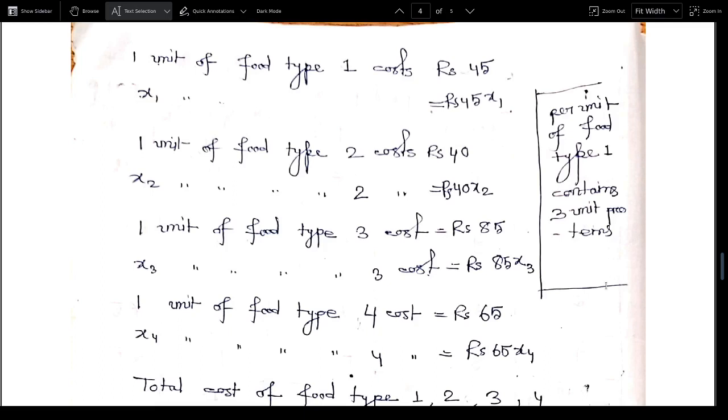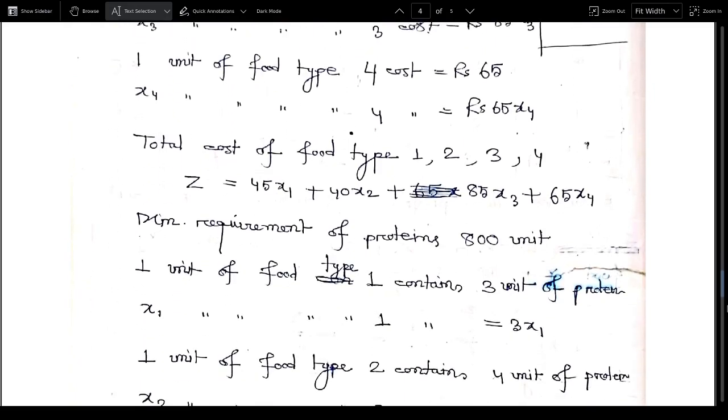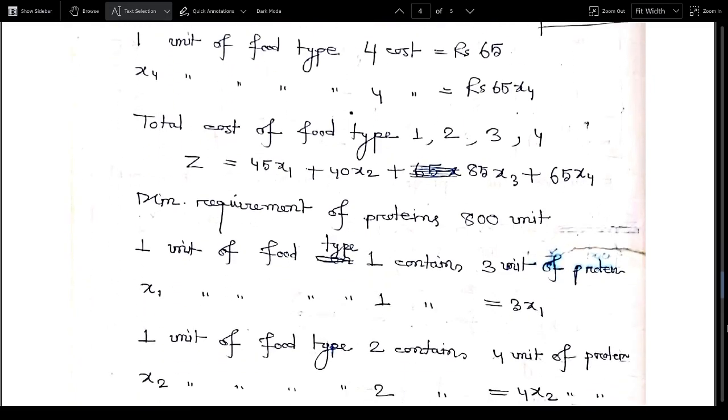Then what will be the total cost of food? Sum of these means total cost of food, we consider this as the variable z. So z equals 45x1 plus 40x2 plus 85x3 plus 65x4, right?